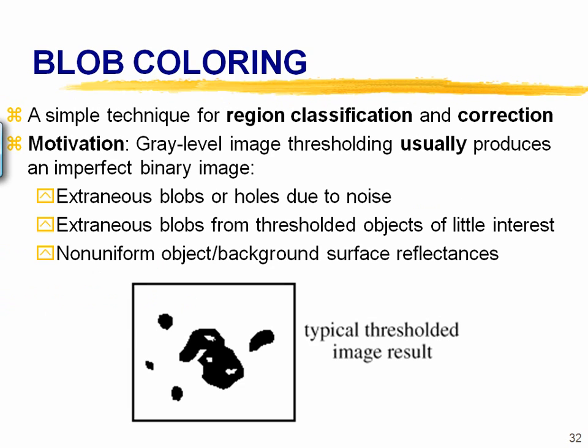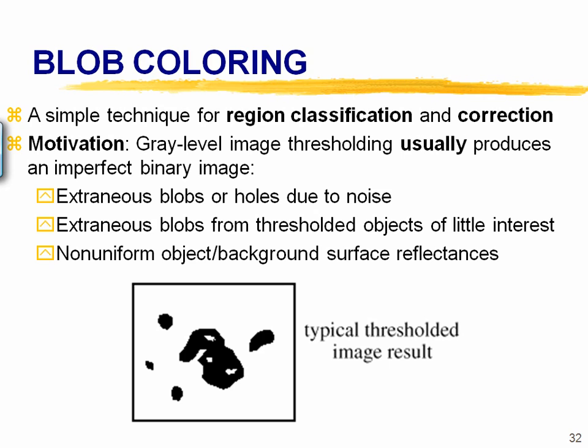Okay. Now, one of the other operations that's very useful to do in terms of binary image processing is something called blob coloring. Besides the common meaning that you might use in the English language for blob, just being an object, blob also stands for binary labeled object in terms of image processing.